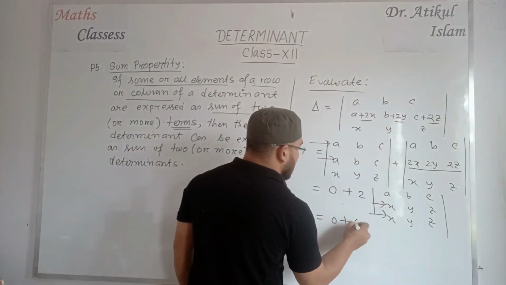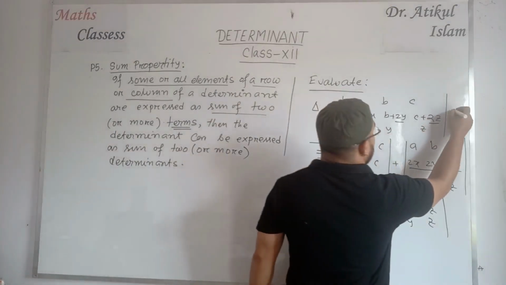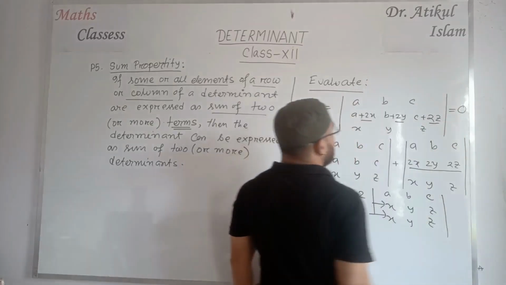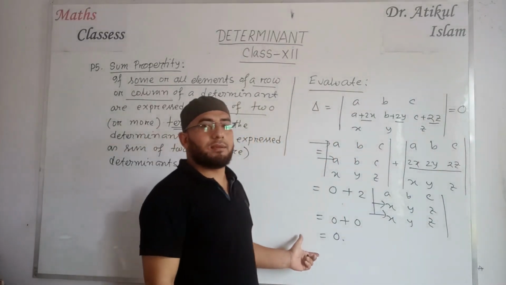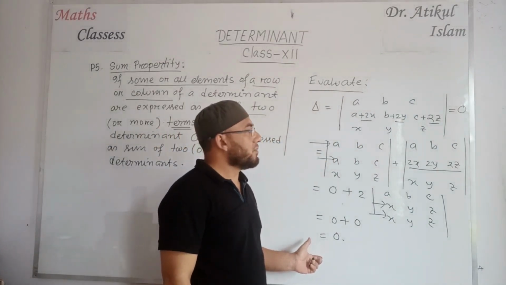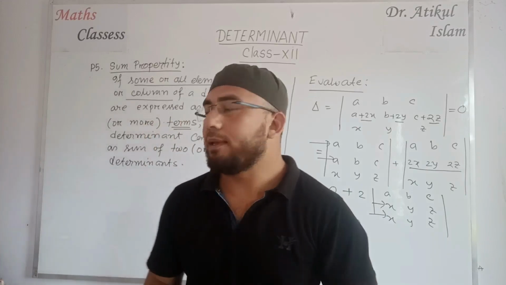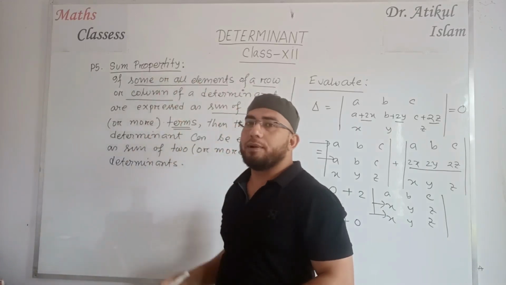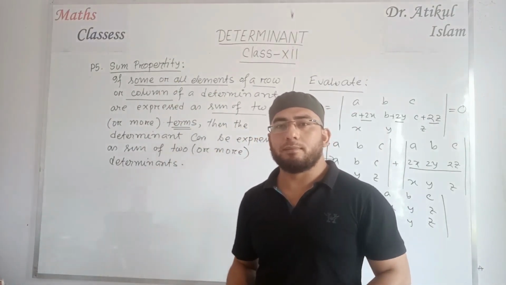So 0 plus 0, which is 0, that is the determinant value is 0. So you can use the sum property to solve different problems related to determinants. Now we'll move to the next property.